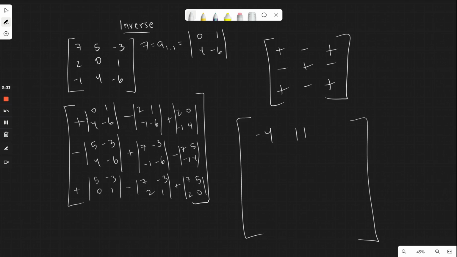The next one is 8 minus 0, which is just 8. See how convenient it was to put that 0 in the middle? Then we have 30 minus -12, so that's 30 plus 12... that's -18, but there's a negative sign, so it's +18.